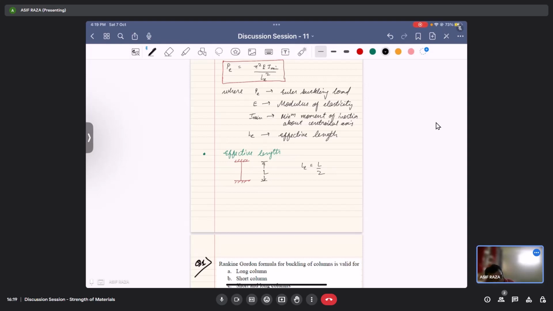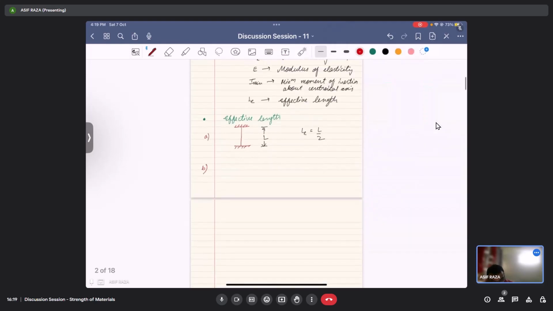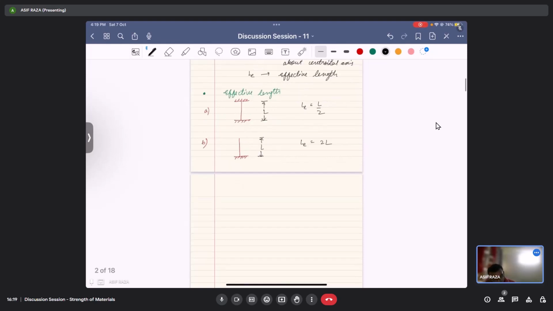This is the first one. Second, when one side is fixed and the other side is a free end, a kind of cantilever, and its length is L, the effective length is 2L.